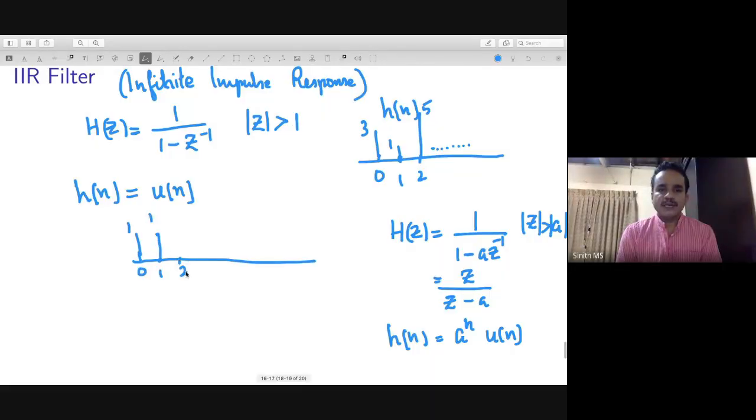At 2, again a value of 1. Like that, it goes to infinity. So that means h[n] is infinitely supported, and the filter corresponding to H(z) equal to 1 by 1 minus z inverse is an infinite impulse response filter, which is called an IIR filter. So this is an example of an IIR filter.